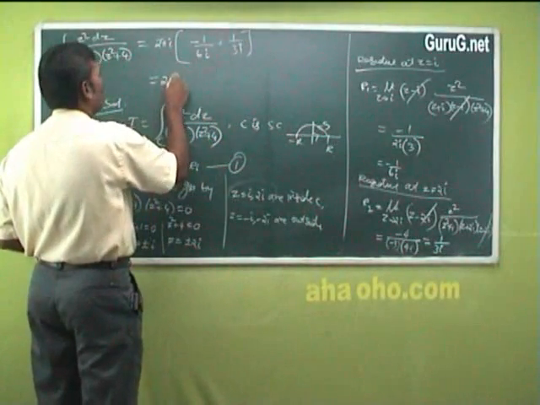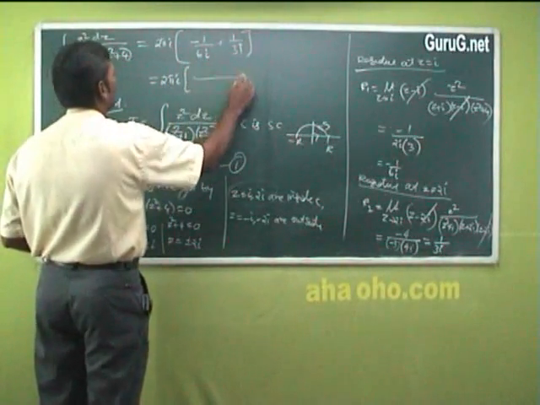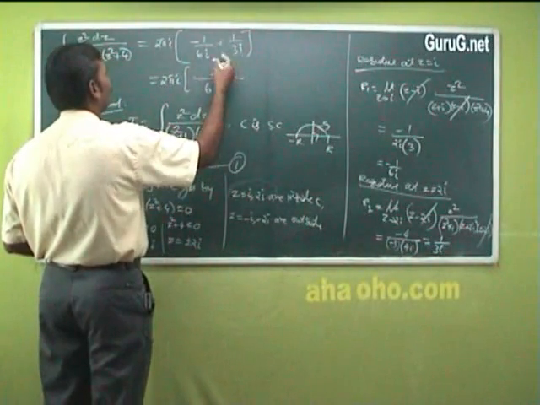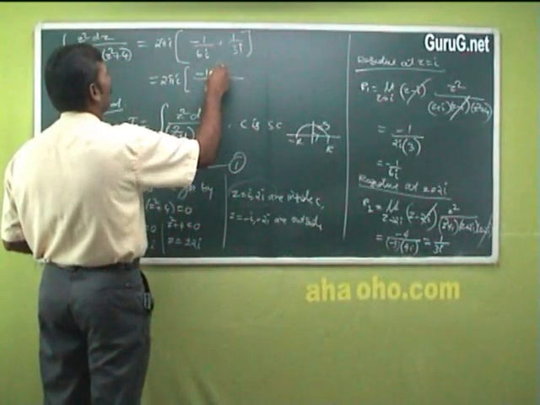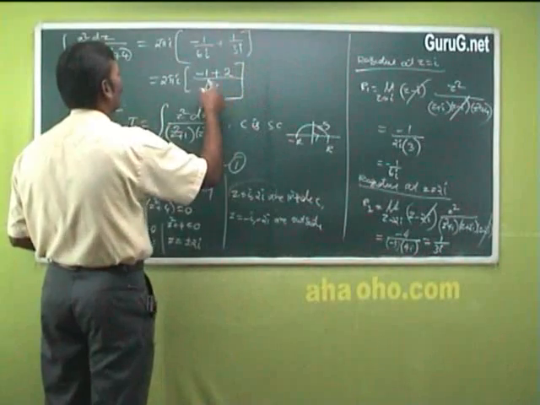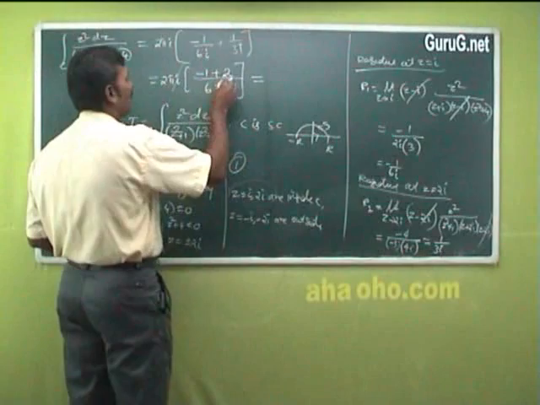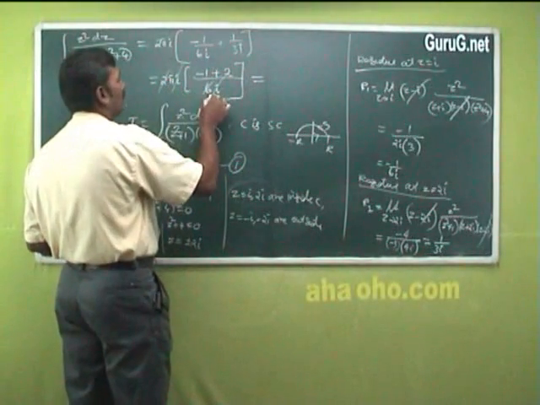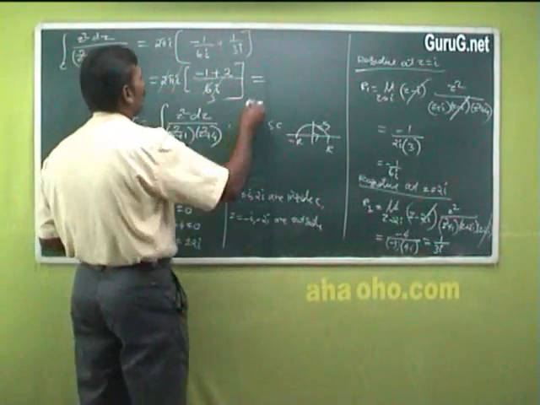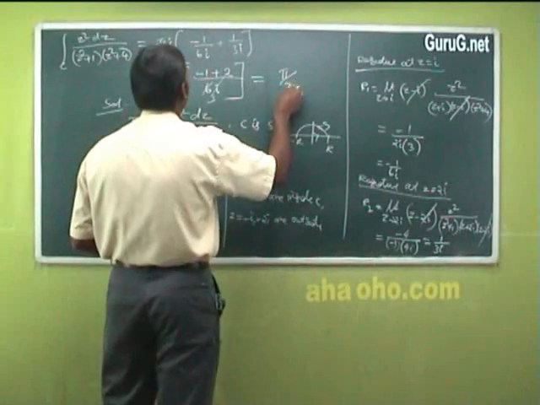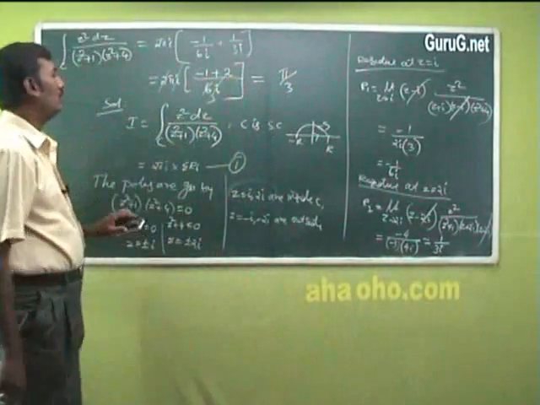Now 2 pi i into, we take LCM 6i, minus 1 plus 2, which is 1 over the 6i. So this i gets cancelled, this 3, so pi by 3, minus 1 plus 2 is 1.